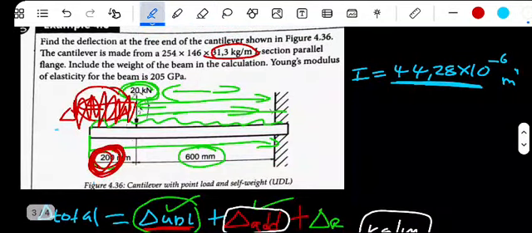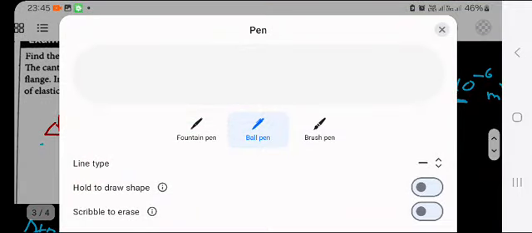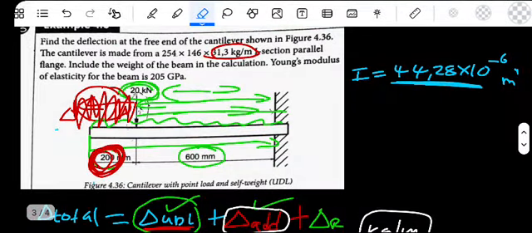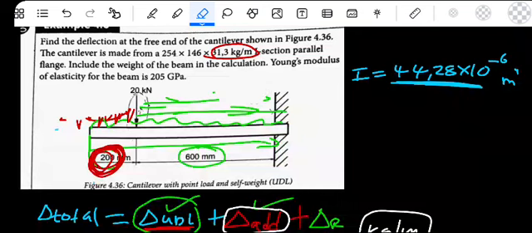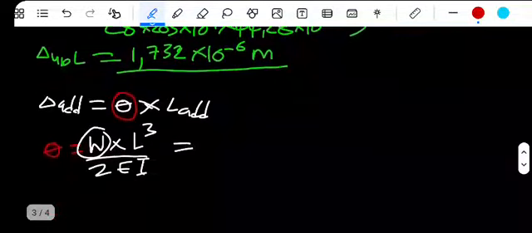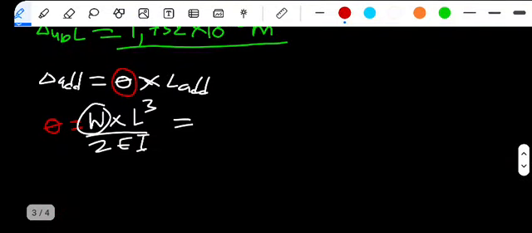Sorry about that, let me erase a little bit. The point load is 20 kilonewton. We are using the point load for this typical problem, because it's the point load that is not acting at the end.